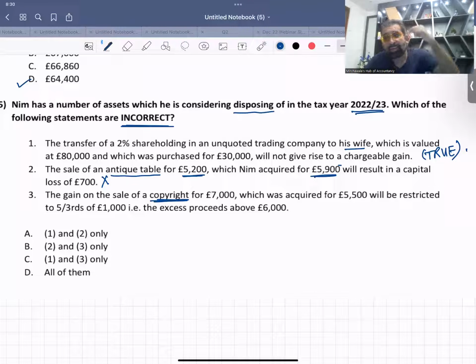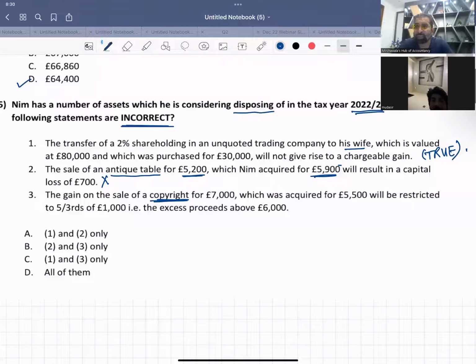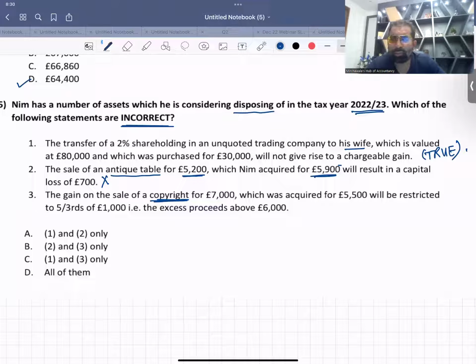Use your brain. Those 4 cases which we studied were for wasting chattels, and this is not a chattel.